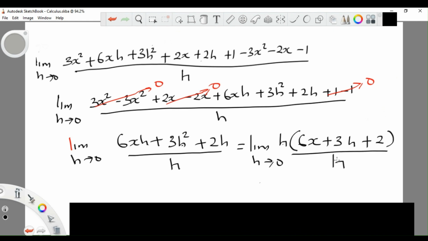As you can see right here, h cancels h. So what we have left is the limit as h tends to 0 of 6x plus 3h plus 2.